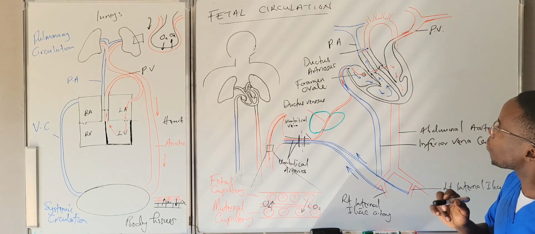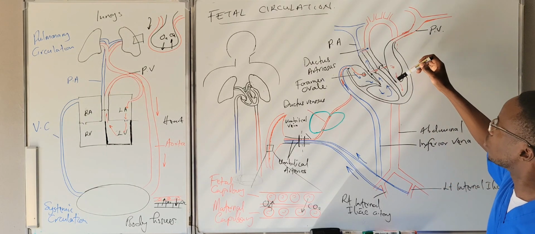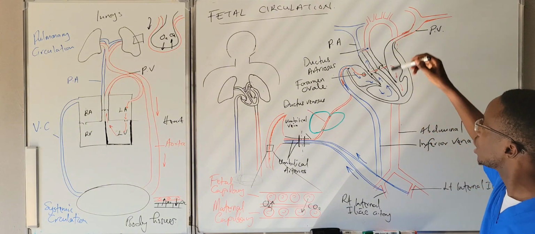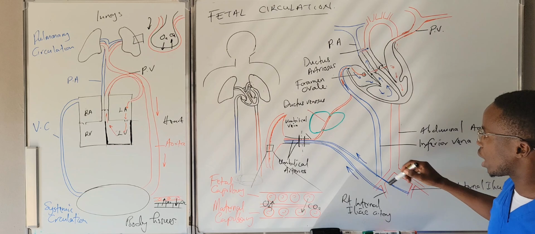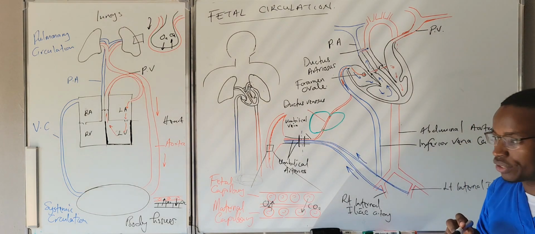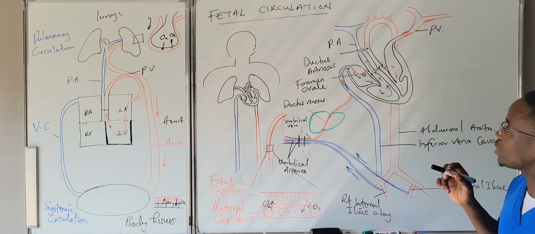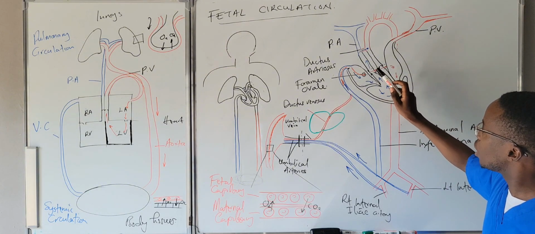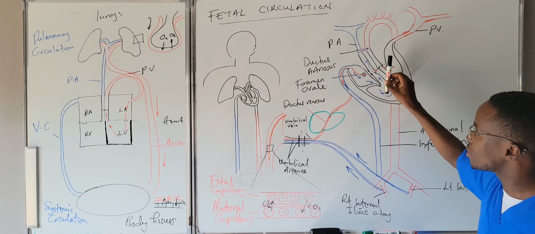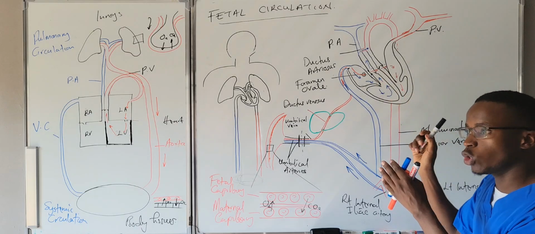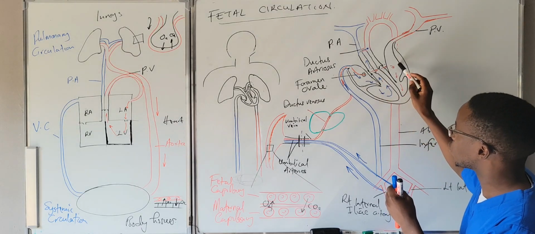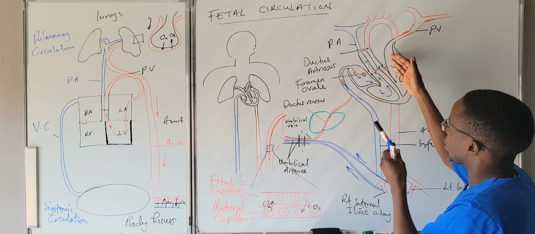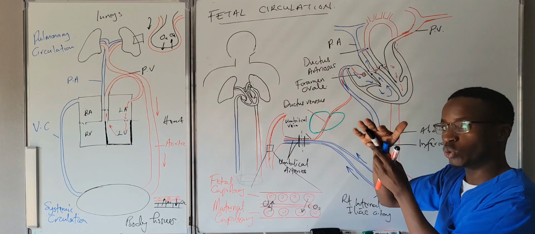So there is going to be resistance now on the left side of the heart, I mean, in the aorta and the umbilical arteries. Because of that resistance, what happens? Remember, I mentioned that this valve is some sort of a gate that is going to close, because when blood is flowing this way, the gate opens, but when blood is flowing in the opposite direction, from the left to the right, that gate has to close.